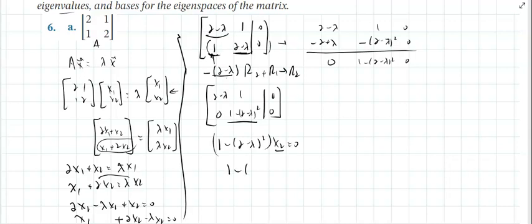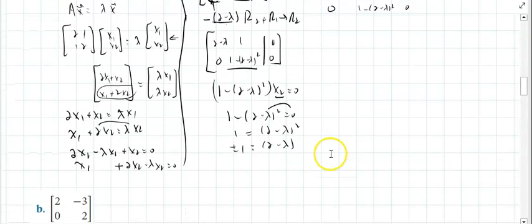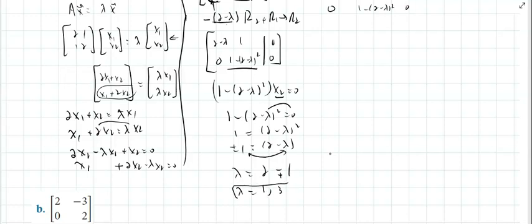So if I take 1 minus 2 minus lambda squared, set it equal to 0, I'll get 1 equals 2 minus lambda squared, so 2 minus lambda will equal plus or minus 1. And if I swap those, lambda equals 2 minus or plus 1. Lambda will equal 2 minus 1, which is 1, and 2 plus 1, which is 3.